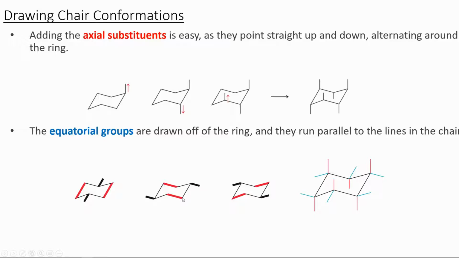Here we have the 2 parallel carbons in red, and the equatorial position for the 2 carbons attached in the middle of them are parallel lines. So you can see after we finish drawing in all of the substituents on the molecule, we have highlighted in red all of the axial positions, and then highlighted in blue, we have all the equatorial positions, which are all parallel to the carbon bond 2 carbons over.